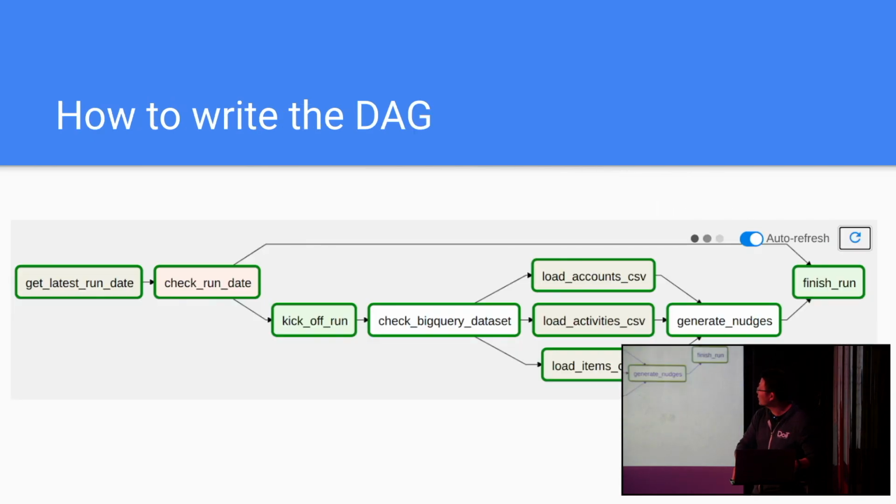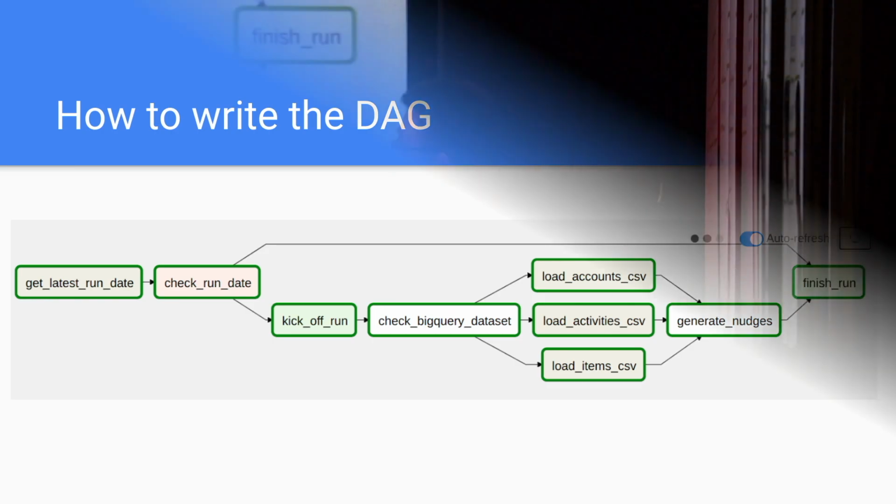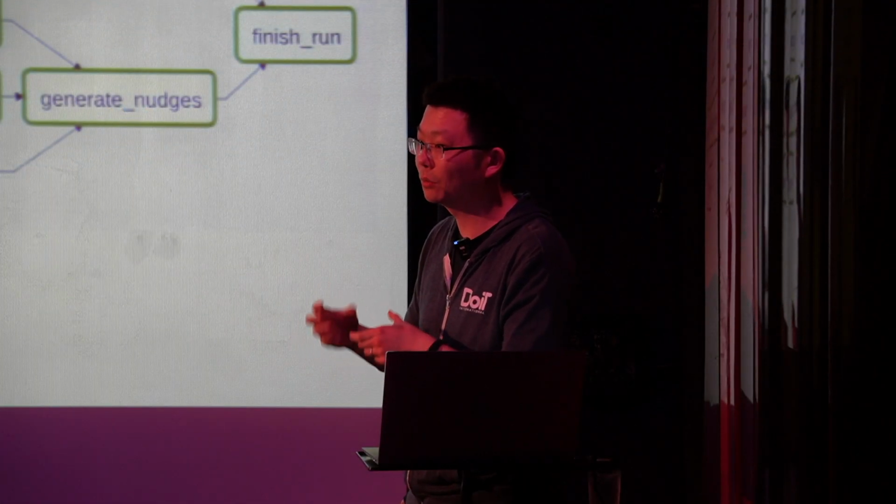And to write a DAG, this is the DAG that I came up with. I'm going to show you why I designed it like this. Firstly, like I mentioned before, it's always a good idea, if you have your workflow running, to check what the latest run is before you actually do the job.